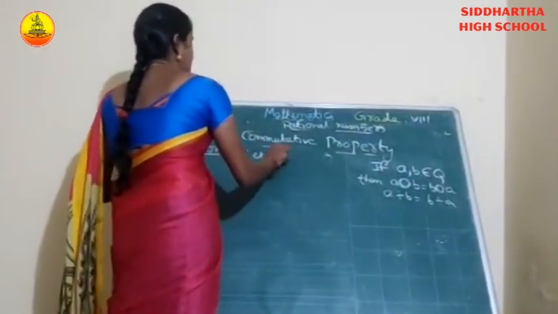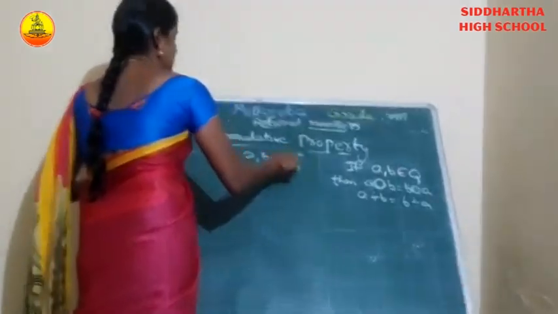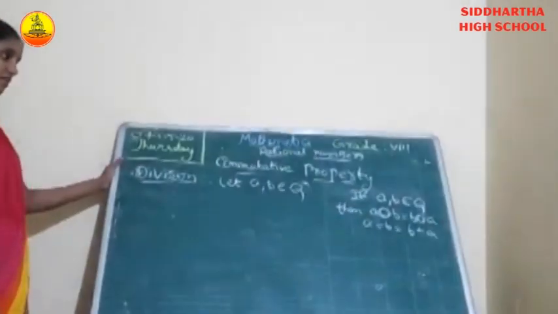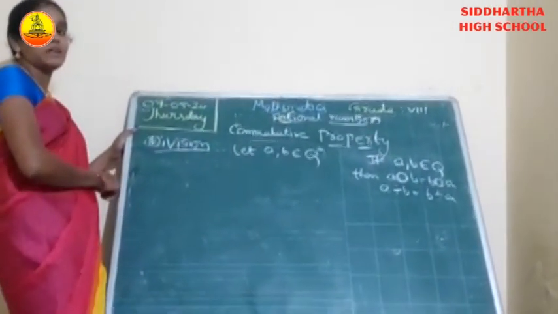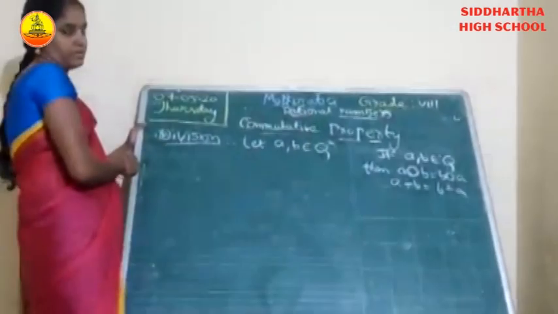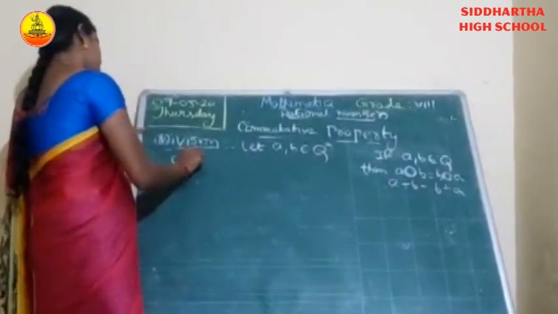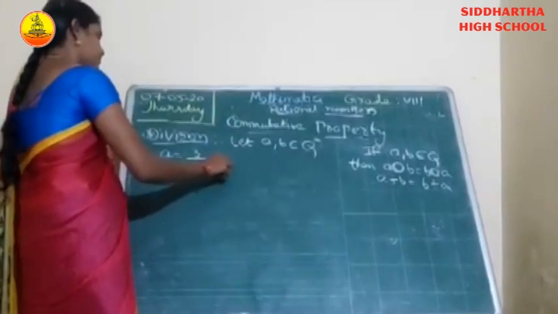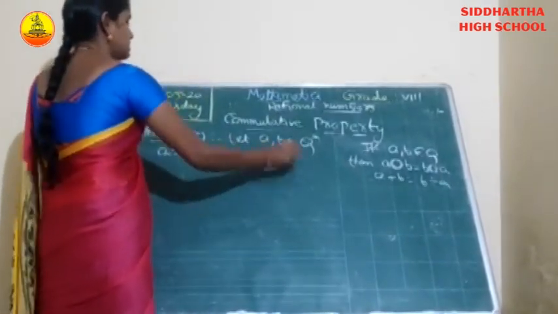Let a comma b be any two rational numbers. We have to check whether a divided by b and b divided by a are equal or not. You take any rational numbers, a value is 3 by 4, b value is 1 by 2.